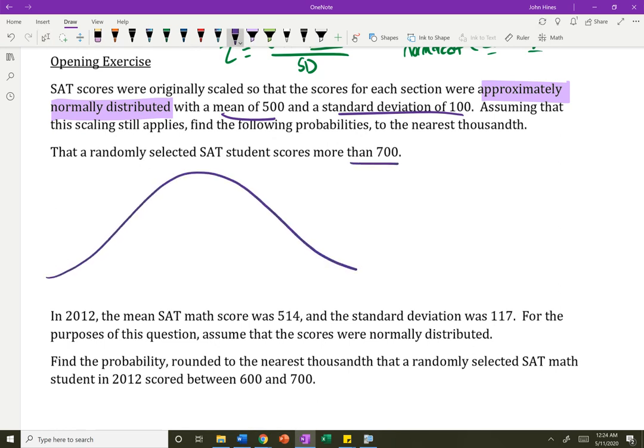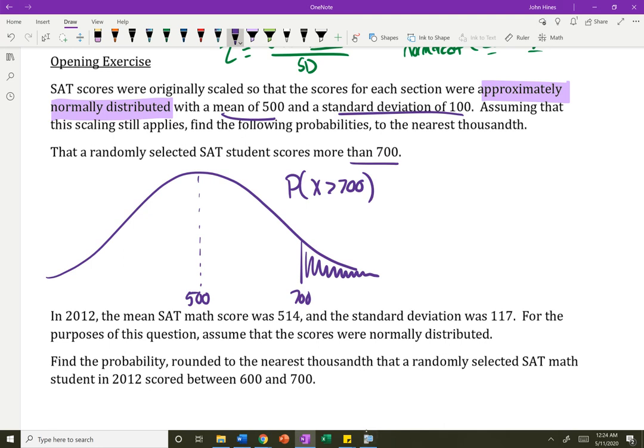So there's my normal curve. What goes in the center of the normal curve? The mean. The mean is 500. I want to know the probability that someone is bigger than 700 on their SAT score. So here's 700, and I want to know the probability they do better than that.